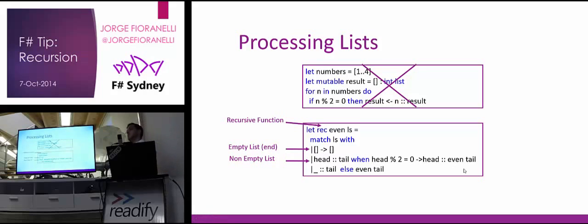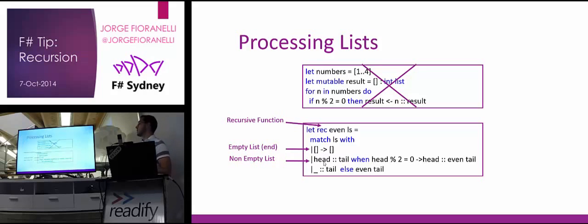So we decompose the list in head and tail. We know that this is even, so we will use the head, and we will call the same function again, but this time with a shorter version of the list that is going to be the tail. And the last one is also going to check that you have a head and a tail, but we don't actually care about the head in this case, so we use the underscore, so the compiler won't keep the value there.